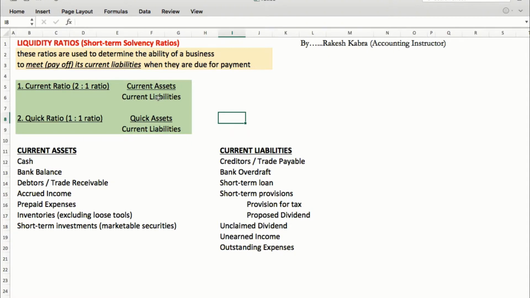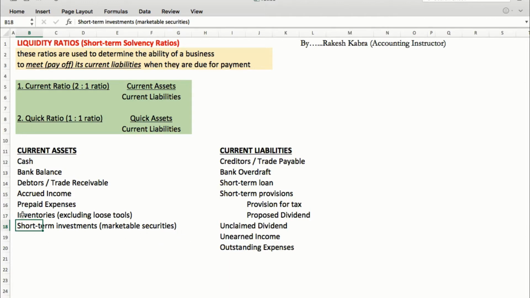Before we compute these ratios, first let's understand what all comes in current assets and what all comes in current liabilities. In current assets, we include cash, bank balance, debtors, accrued income, prepaid expenses, inventories, and short-term investments, or we can say marketable securities.